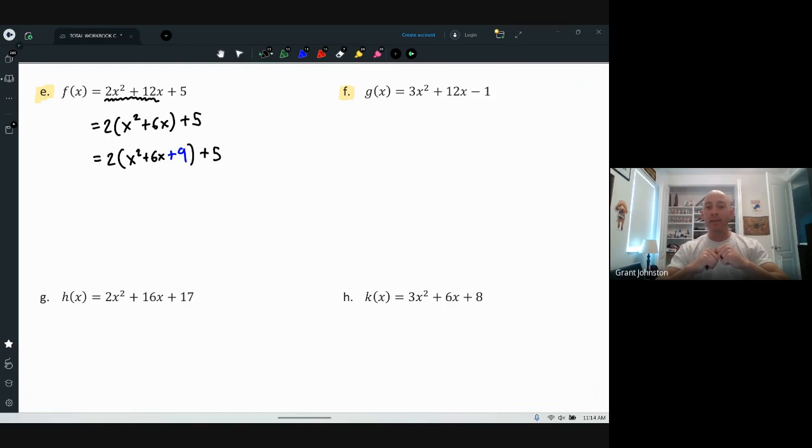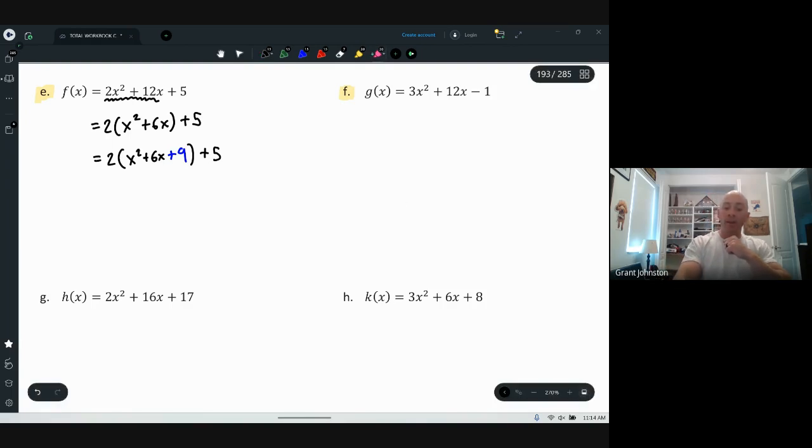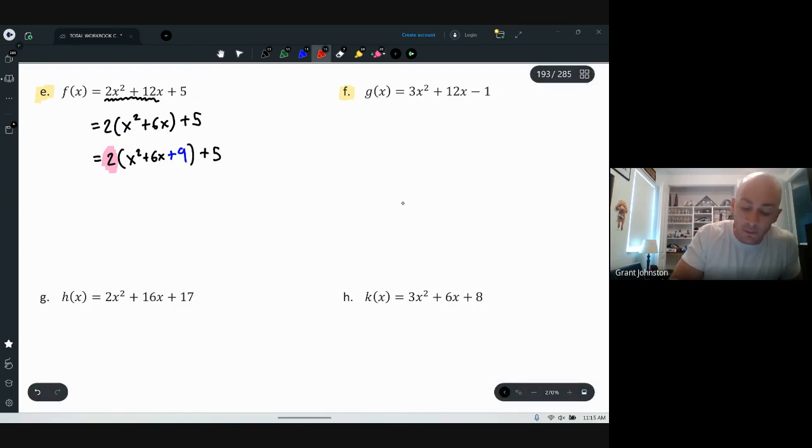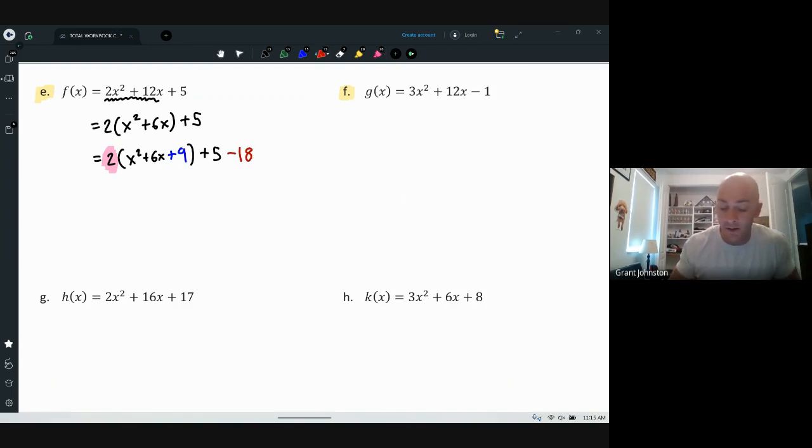Since this whole parenthesis is being multiplied by this 2, that 9 is really 18, because 2 times 9 is 18. So it's not just a 9 I need to subtract. I actually need to subtract 18 to maintain the equality.